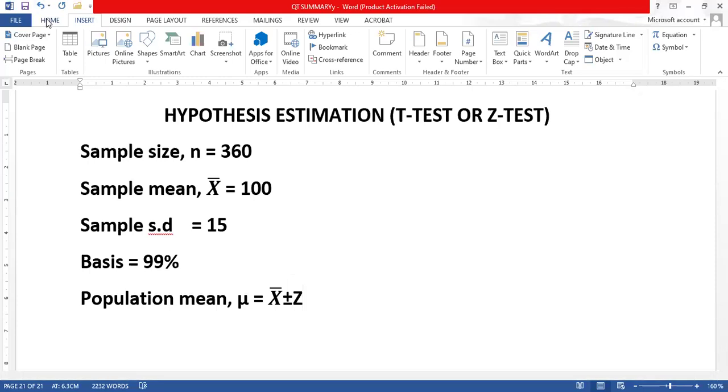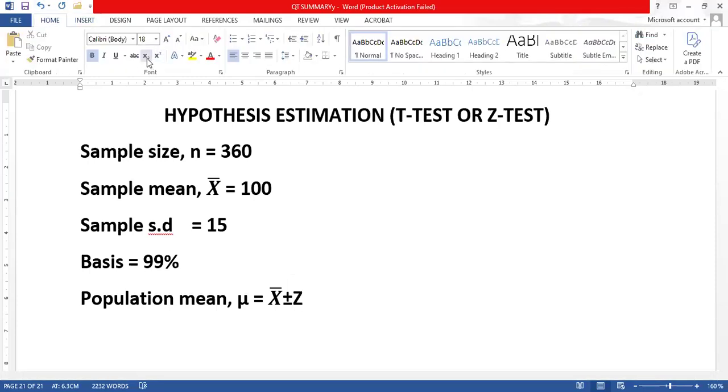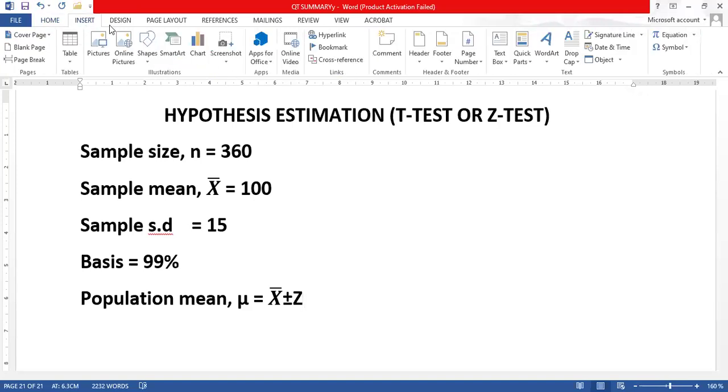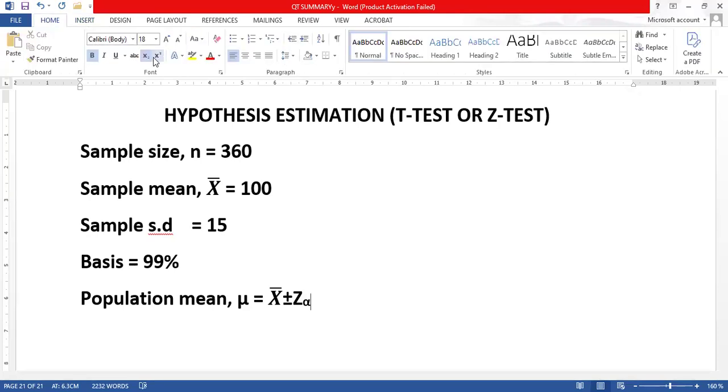So call it Z alpha, the value from the table. I am using Z because the sample size is above 30. This Z you're seeing here is the value from the table. When you're using the Z table, we are going to see how you get that value. Then times whatever you get, you multiply by the standard error.